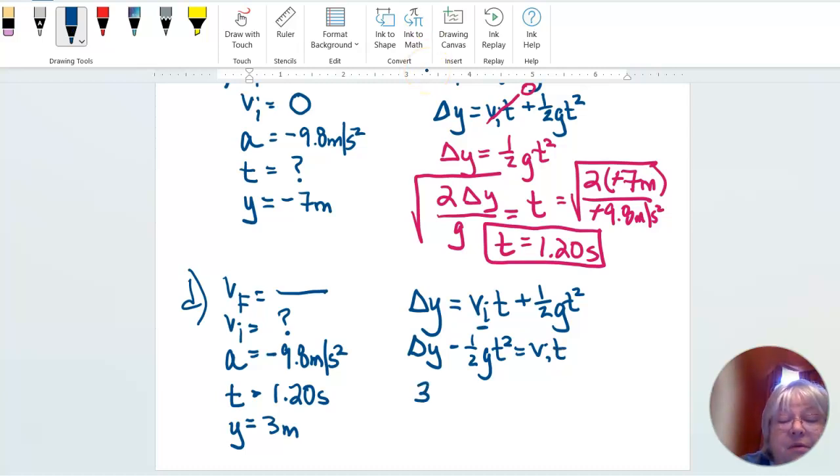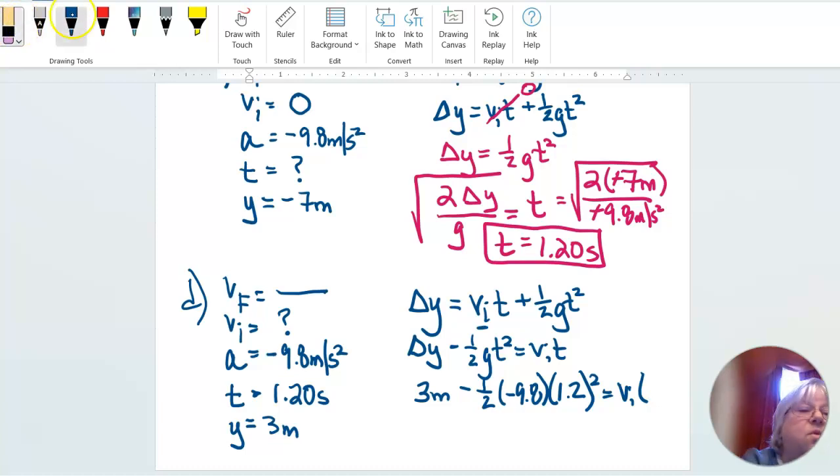So that's going to be 3 meters, and again, the 3 is positive because we're rising, minus 1/2 times gravity, so that'll wind up becoming positive, times my 1.2 seconds squared equals my VI, which I'm looking for, times my 1.2 seconds.